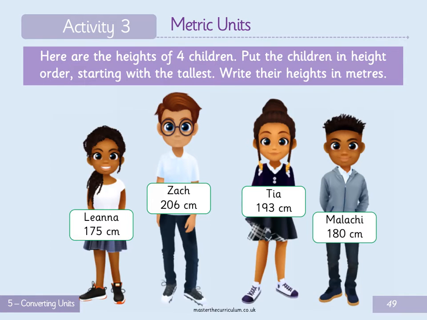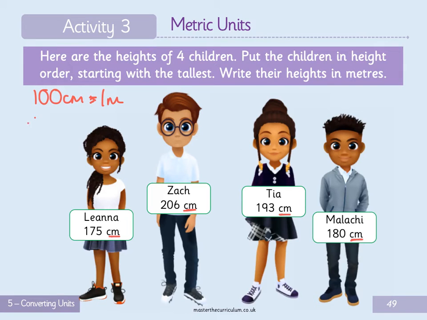Okay, so here are the heights of 4 children. Put the children in height order, starting with the tallest. Write their heights in meters. So we've got a couple of things we need to do. First of all, let's turn them all into meters. At the moment I can see that they're all in centimeters. And we know that 100 centimeters is 1 meter.